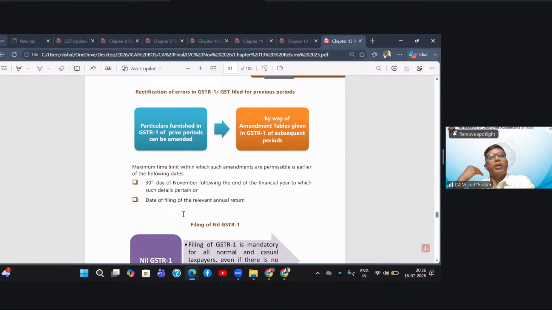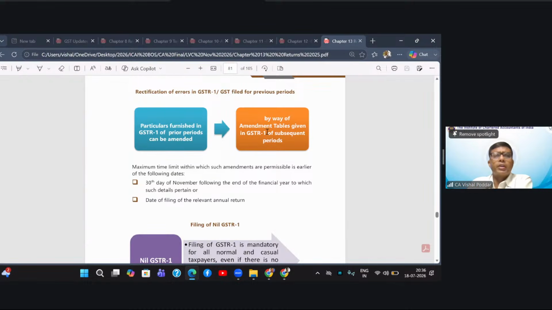So let us say that month's all returns are filed and later on in a future month, you realize that some mistake was done in GSTR1. So wherever there is a mistake of GSTR1 made in the previous periods, in such cases, you cannot use 1A. Now, what is the option? So you can use the next period's GSTR1.